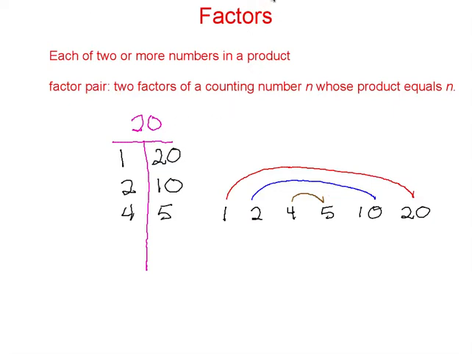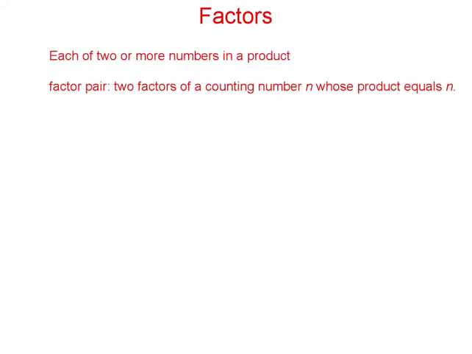And I'm going to do one more, and I'm going to do 16 this time. So I've got 1 and 16, 2 and 8, 3 doesn't work, 4 and 4.